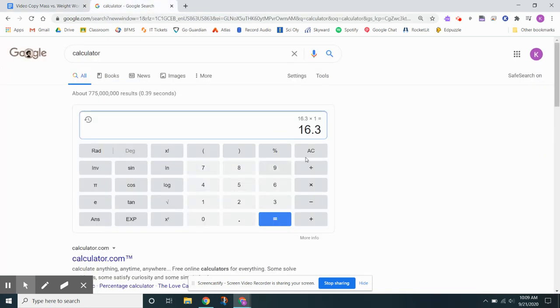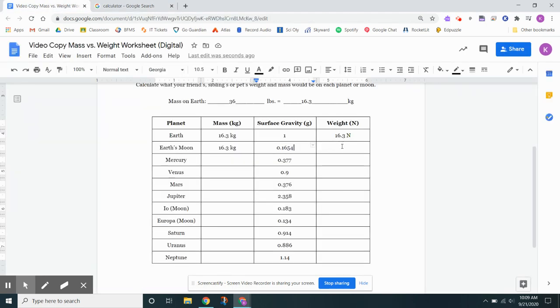We come back to our calculator. 16.3 multiplied by 0.1654 equals 2.69. And again, we're going to round to the tenths place. We look at the number after, it's higher than 5, so this rounds up to 2.7 newtons. That's a big difference, right? If we look at our weight on Earth versus our weight on the moon, significant difference.